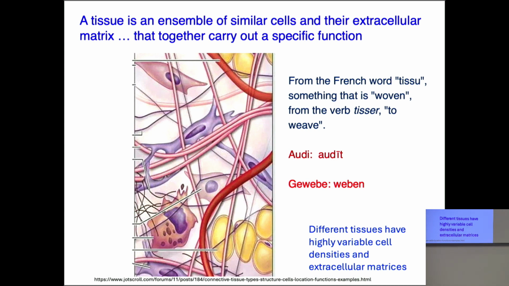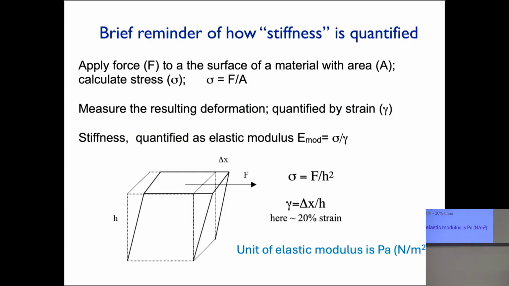All right, so here's my first little introduction into an oversimplified way of how stiffness is measured. You take a little piece of material and apply a force to it. Let's imagine that you cut a cube of material.